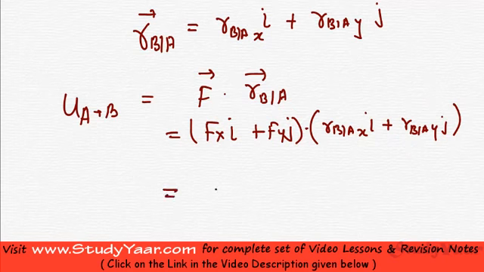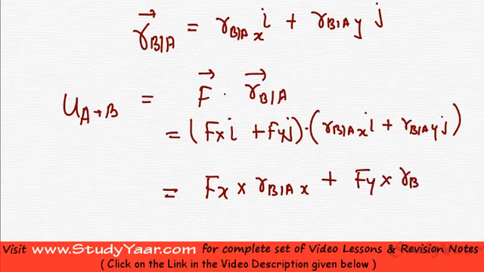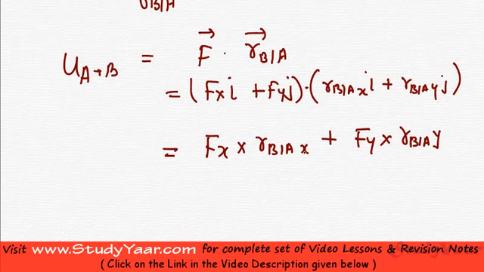So what I am left with is Fx into RB by A X plus Fy into RB by A Y. So your work done is component of force in x direction into displacement in x direction plus component of force in y direction into displacement in y direction.